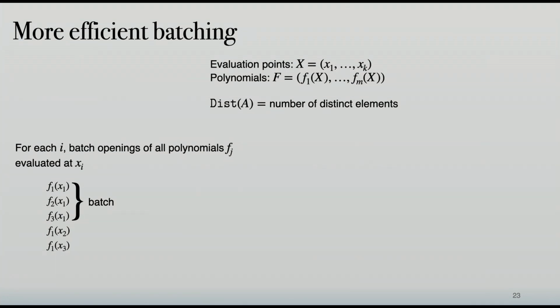It doesn't matter which polynomial we are opening, it only matters that we open at the same point. So here we need to send dist x openings.